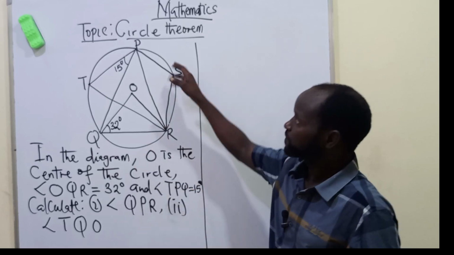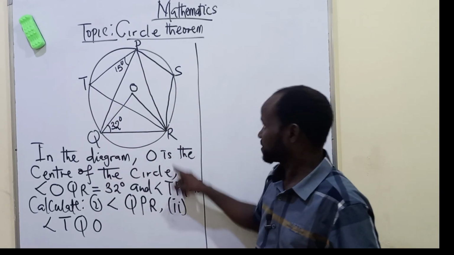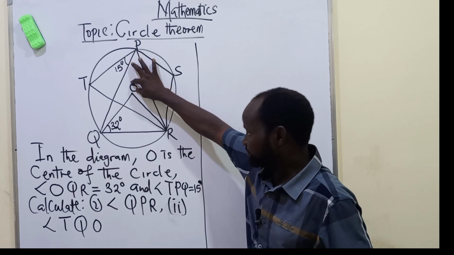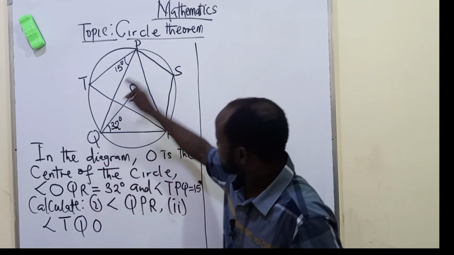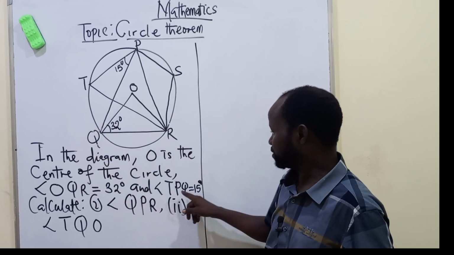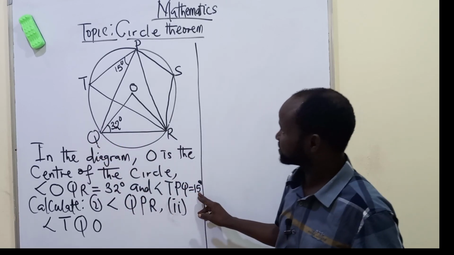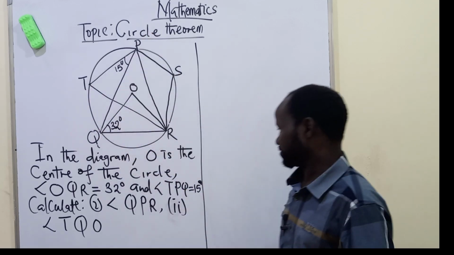In the diagram, O is the center of the circle. This O here is the center of the circle. Then angle OQR is 32 degrees, and angle TPQ is 15 degrees.